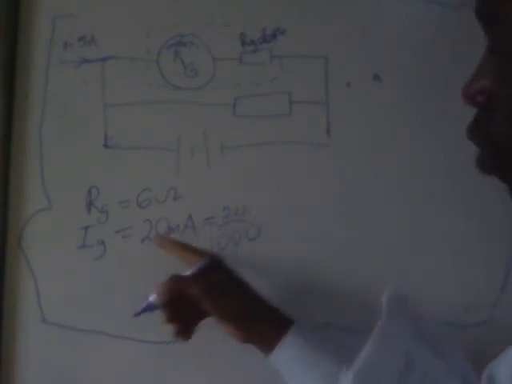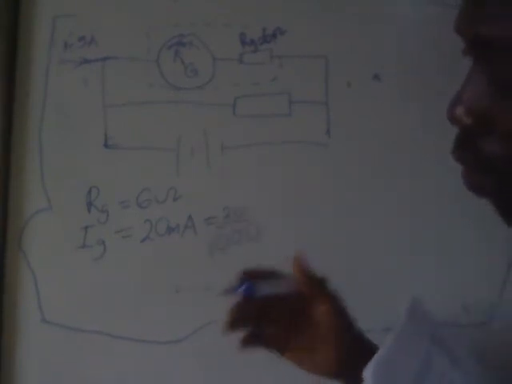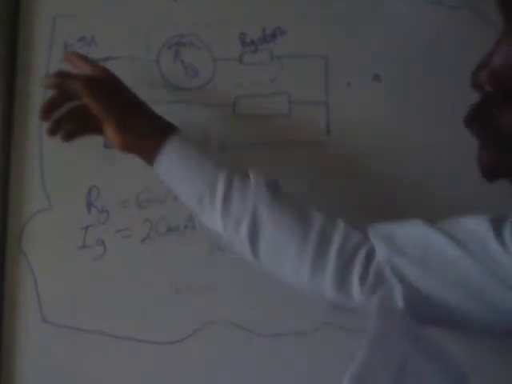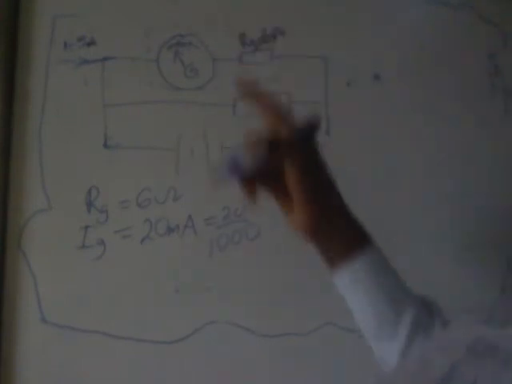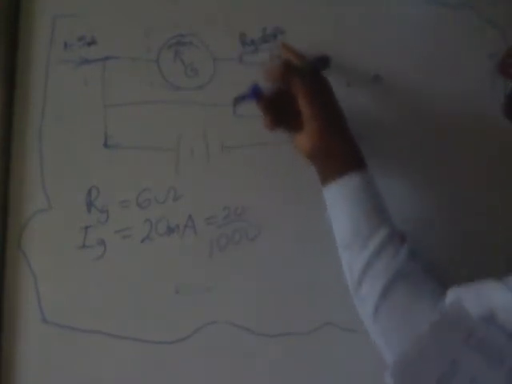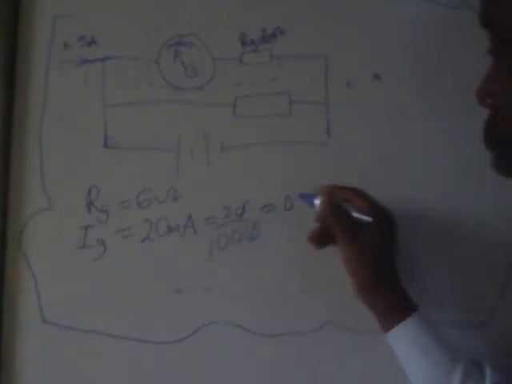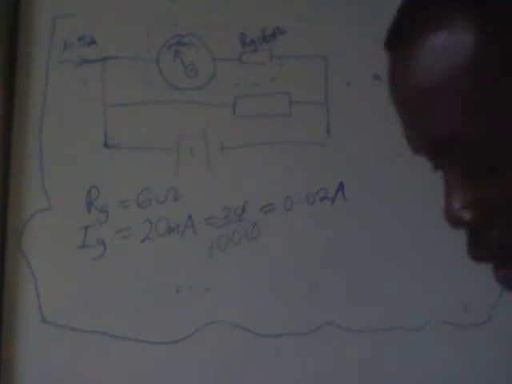When a current more than 20 milliamperes enters, it burns. To measure 1.5 amperes, we connect a low resistance shunt in parallel. So 20 over 1000 gives 0.02 amperes, the galvanometer current.